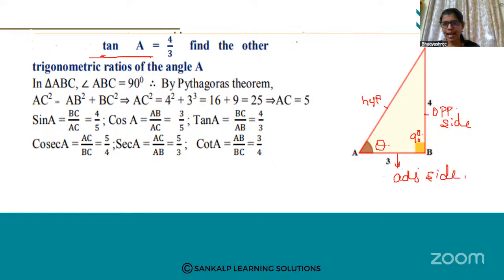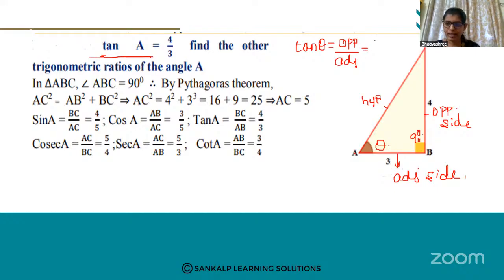Now, what have they given? Tan A. Tan A means what? Tan theta is equal to opposite side divided by adjacent side. Right? Tan theta, we know, is the ratio of opposite side divided by adjacent side. So which one is the opposite side? BC is the opposite side, adjacent side is AB.